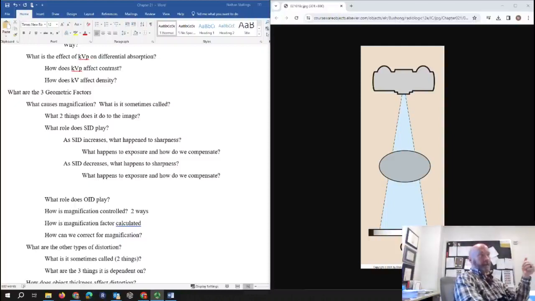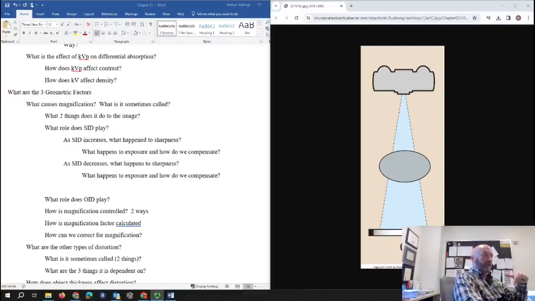So increasing SID increases sharpness and reduces magnification. Unfortunately, as we increase SID, we're going to lose image receptor exposure, and how we compensate for that is with mAs, with the direct square law. We lose exposure according to the inverse square law, and we have to reintroduce it using the square law.